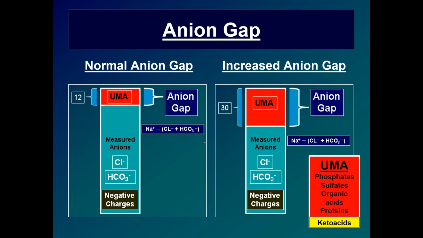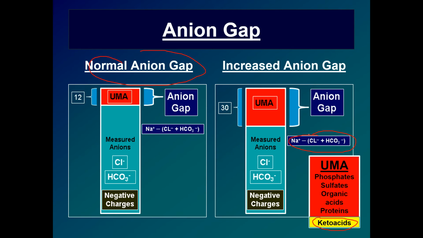So what you can see is comparing this to the normal anion gap, which is about 12. Now you have this excess ketoacidosis, let's say if it's DKA, or if it would be lactic acidosis, you would have, instead of keto acids, an excess of lactic acid. But those are not being measured in the anion gap formula.